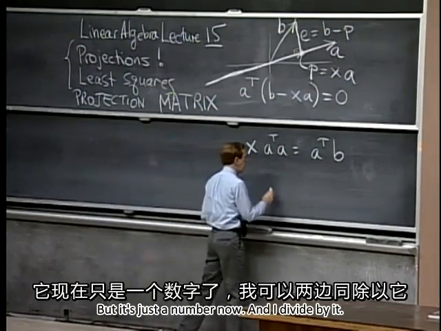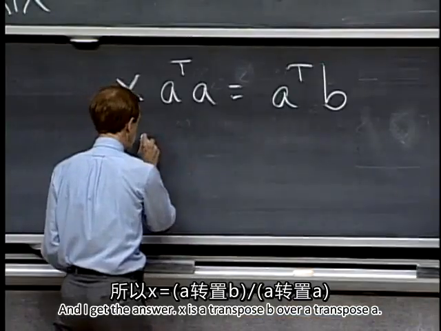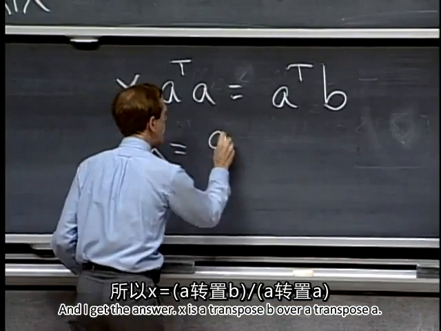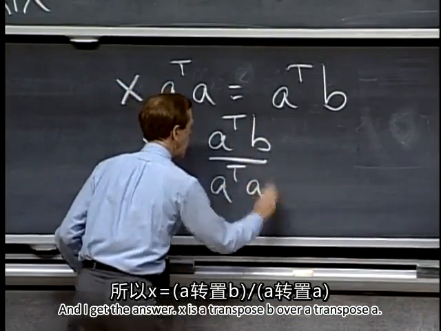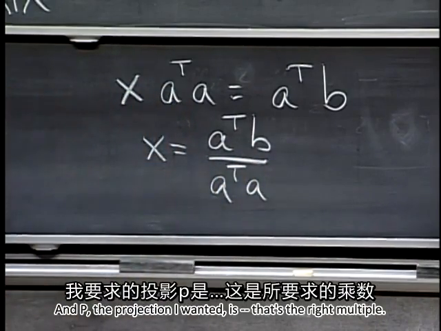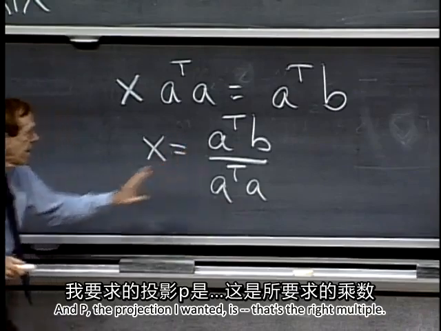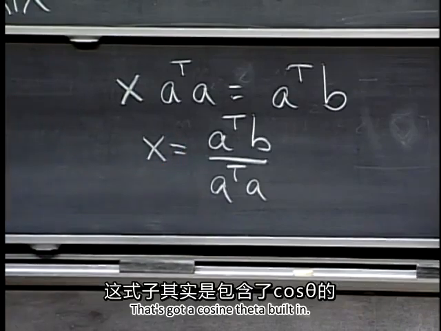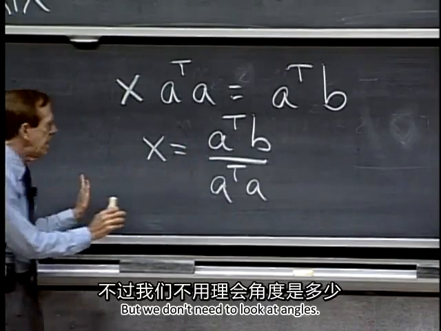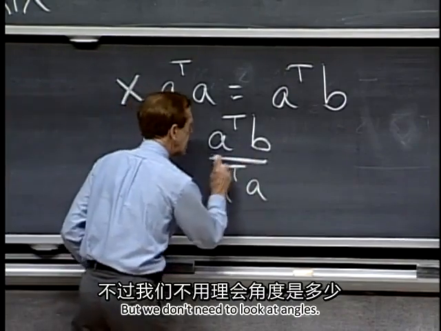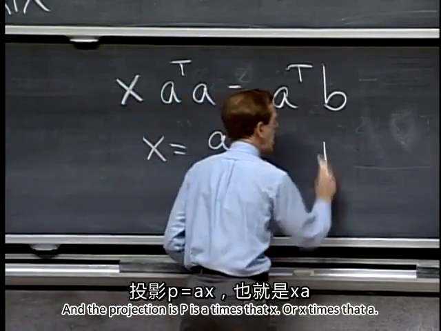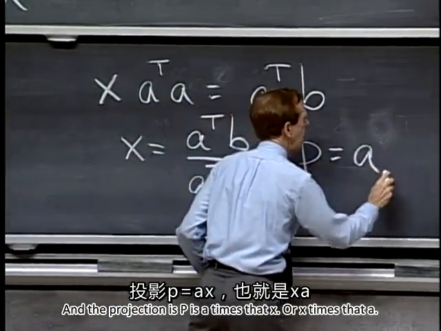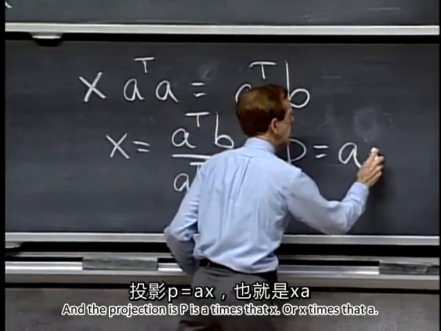And I divide by it, and I get the answer. X is A transpose B over A transpose A. And P, the projection I wanted, that's the right multiple. That's got a cosine theta built in, but we don't need to look at angles. We've just got vectors here. And the projection is P is A times that X.